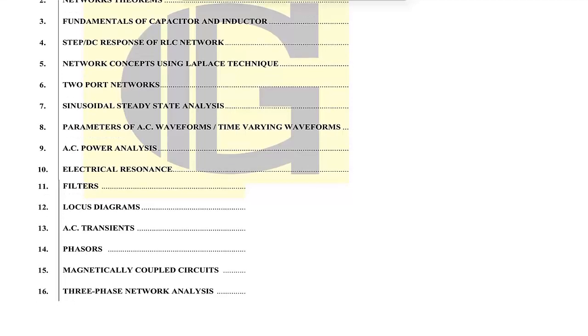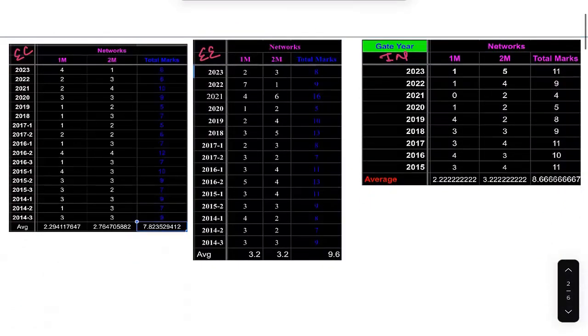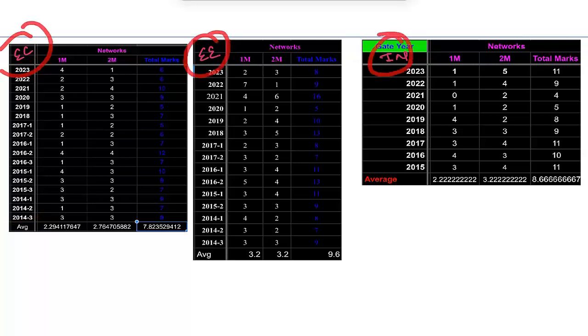Now let us review the weightage. I have taken the statistics of the last 10 years, ranging from 2014 to 2023, of all 3 branches: electronics, electrical and instrumentation. This is the exact data of how many questions they have asked from which particular subjects.